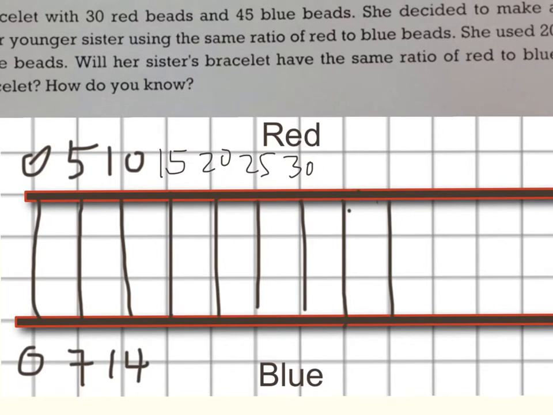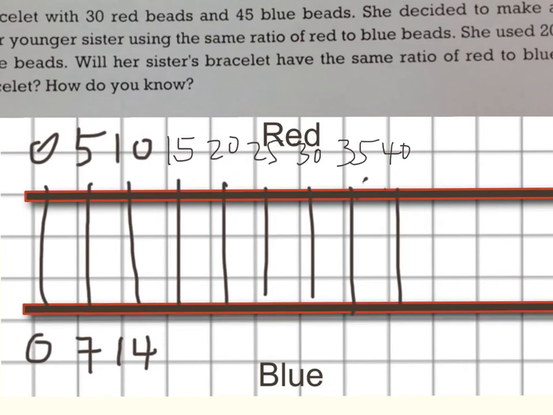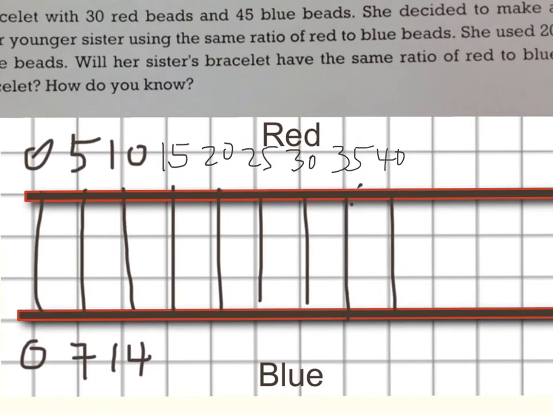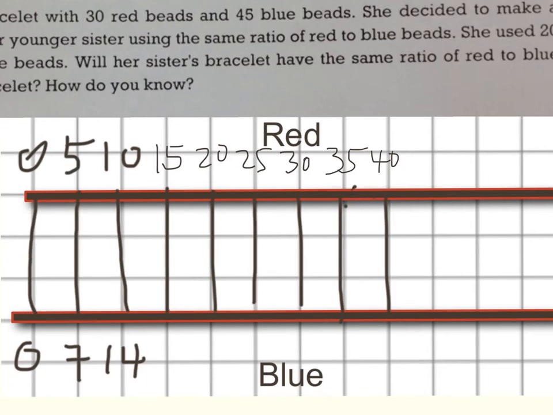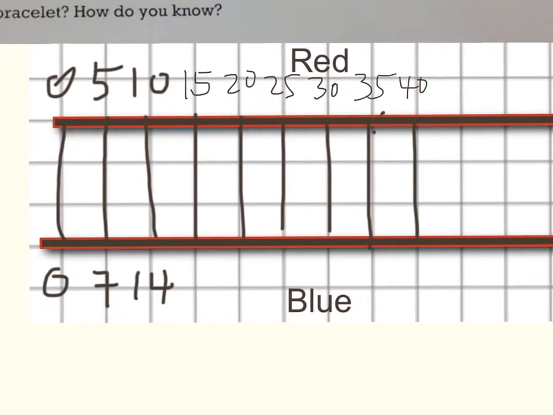Okay, so 30, 35, 40. I think I'll stop here and then move down to the blue line. If you notice, the blue line is increasing in the multiples of 7.